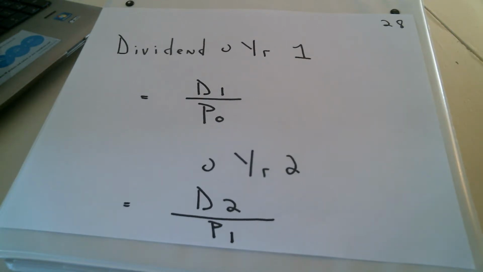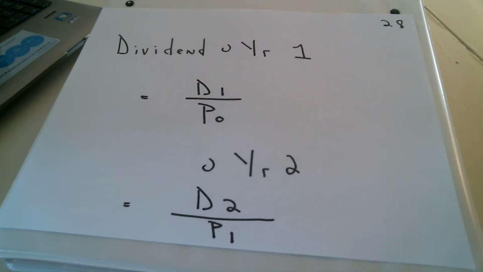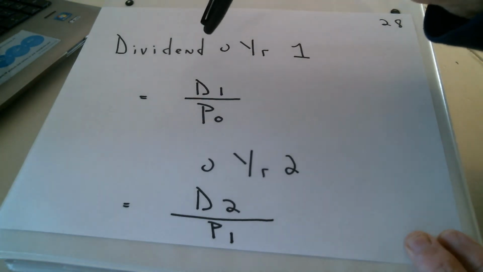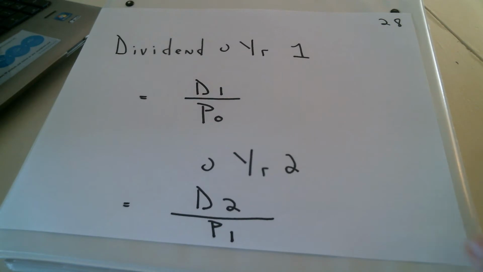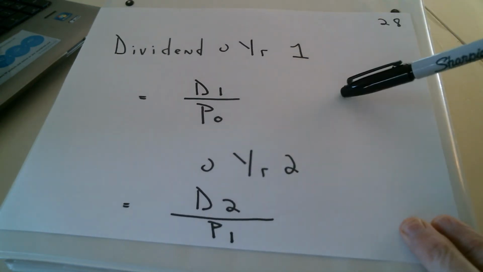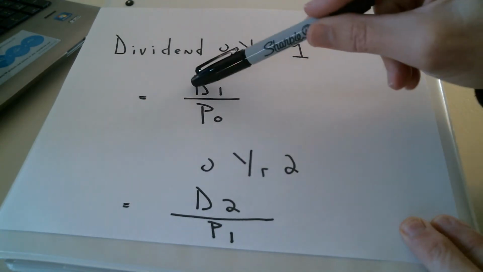Okay, the last simple concept, we talked about this in a different context, but the math works the same way. We want to find out what the dividend yield is in year one. Very simple. Dividend yield is D1 because we are looking at the future, the year out.